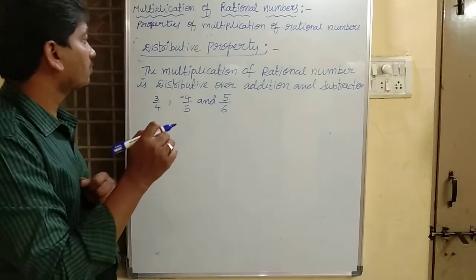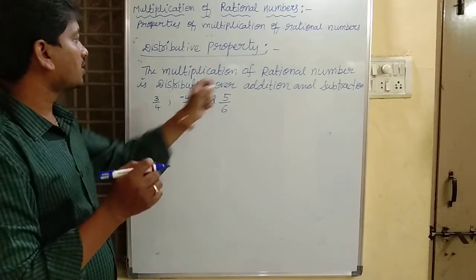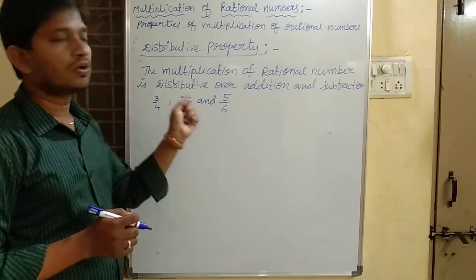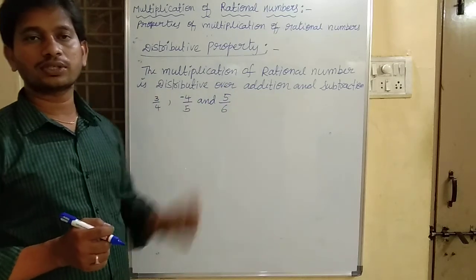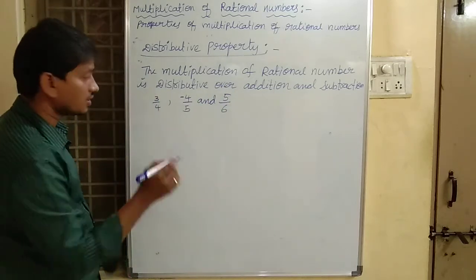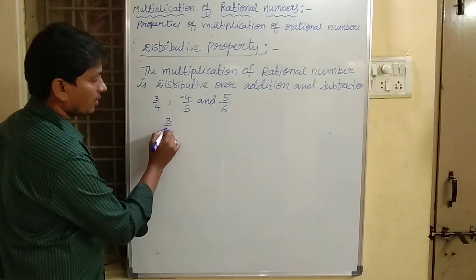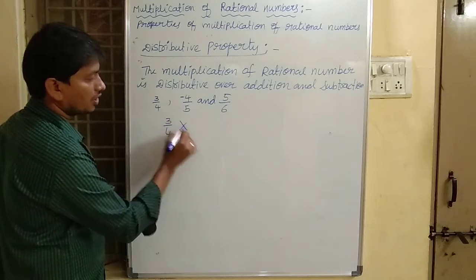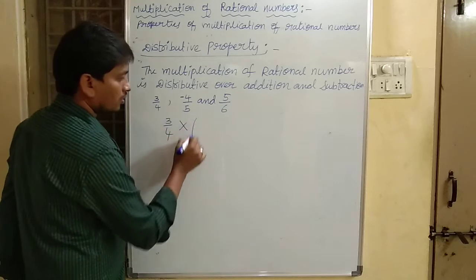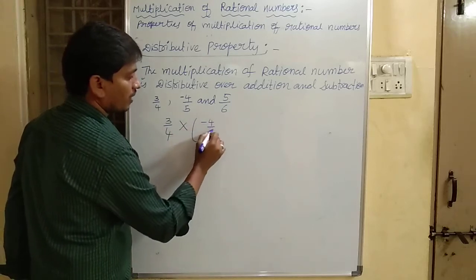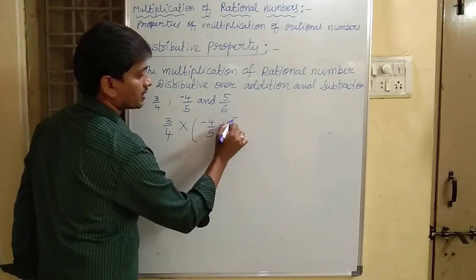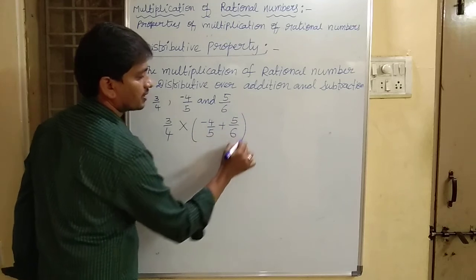The name itself says the multiplication of rational numbers is distributive over addition and subtraction. See, let me write once. 3 by 4 into minus 4 by 5 plus 5 by 6.